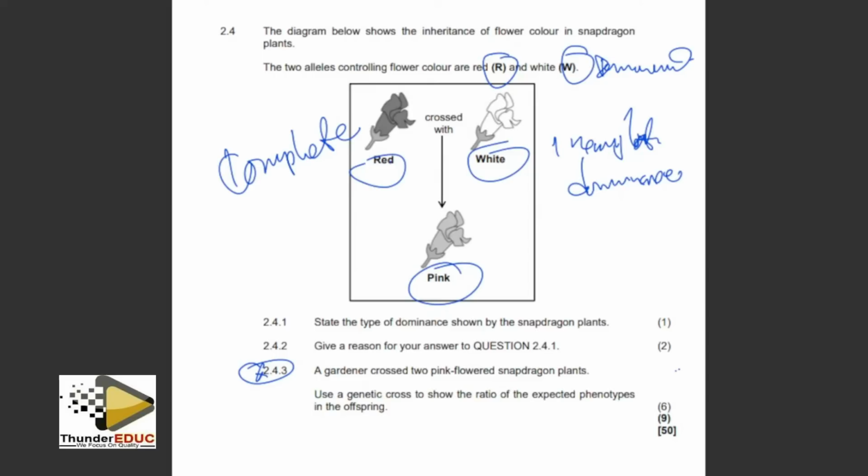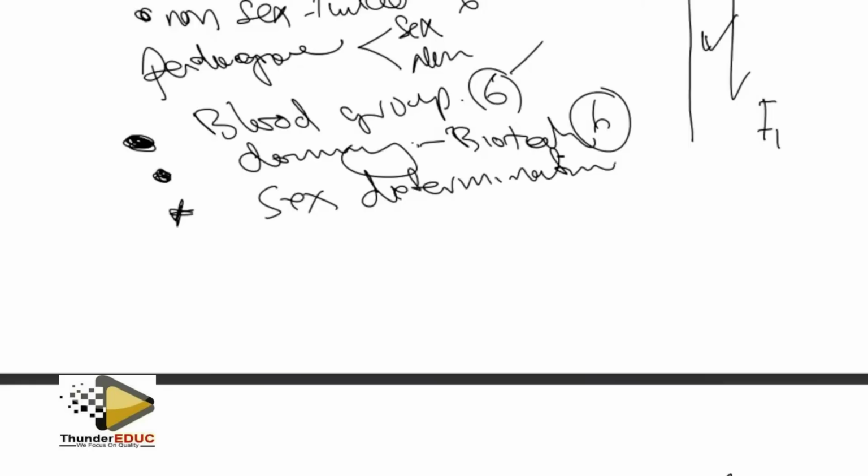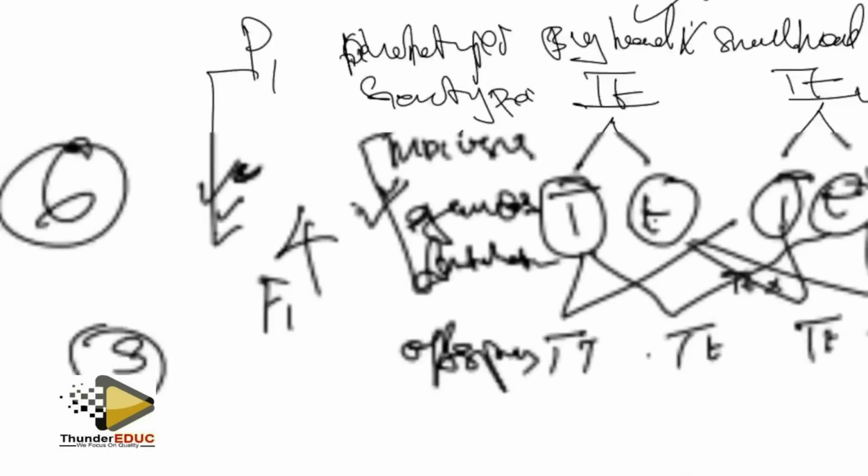They're saying a gardener crossed two pink flowered snapdragon plants. Using the genetic cross, show the ratio of the expressed phenotypes in the offspring. Now, remember I told you that the first thing you need to do is to write P1 F1.